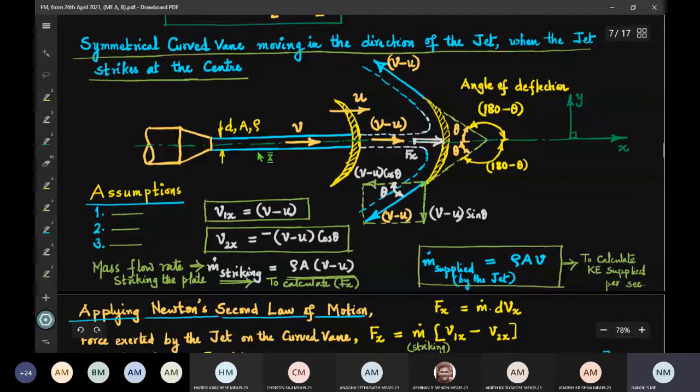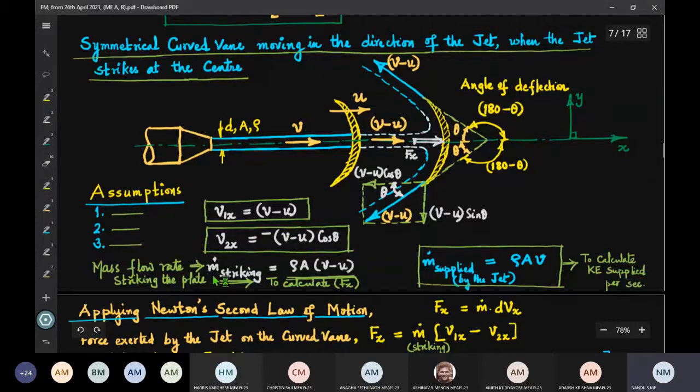That means the mass flow rate provided by the jet is constant. So here the mass flow rate supplied is rho into A into V. We know that, which we use to find out the kinetic energy supplied per second or input power.